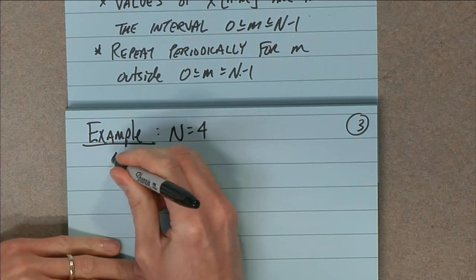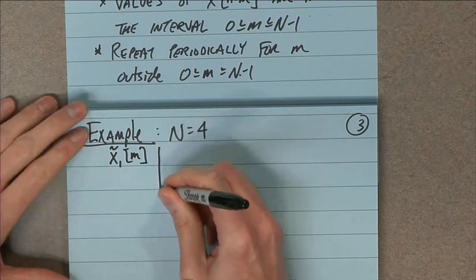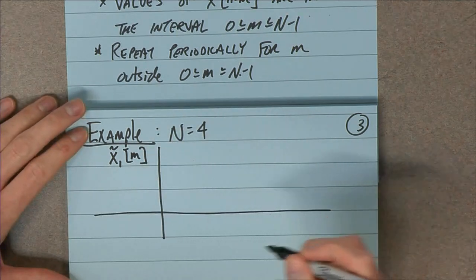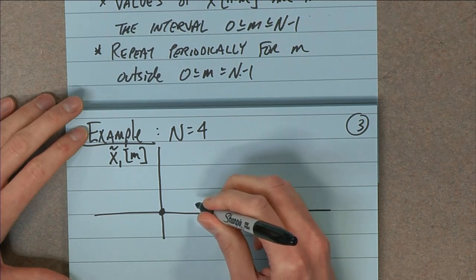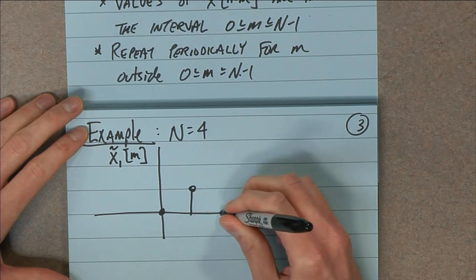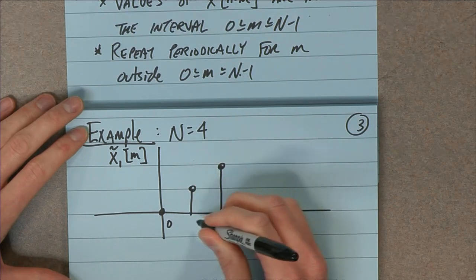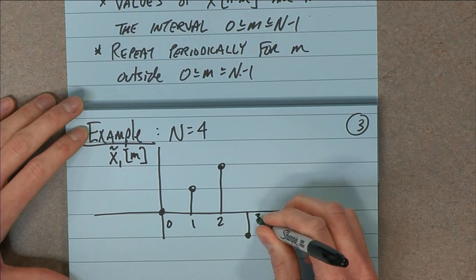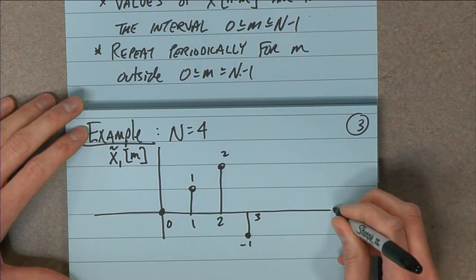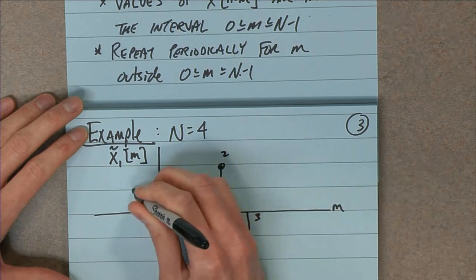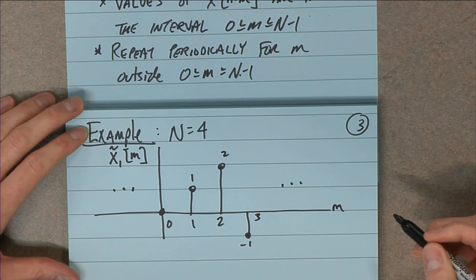And so x1 is going to be 0, 1, 2, minus 1, and then dot, dot, dot on both sides, because this goes on and on, and just repeats.